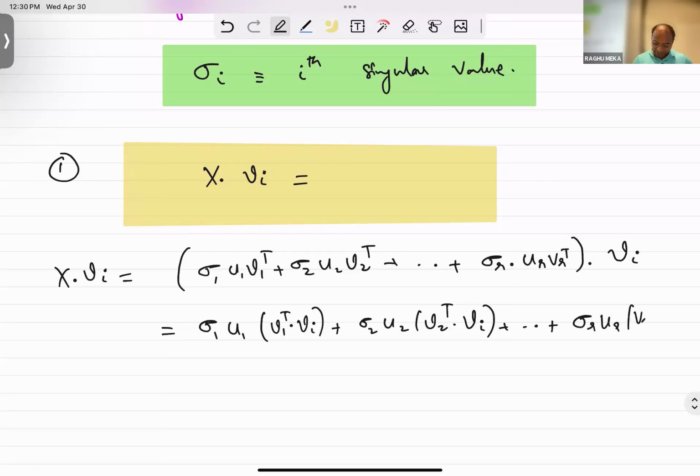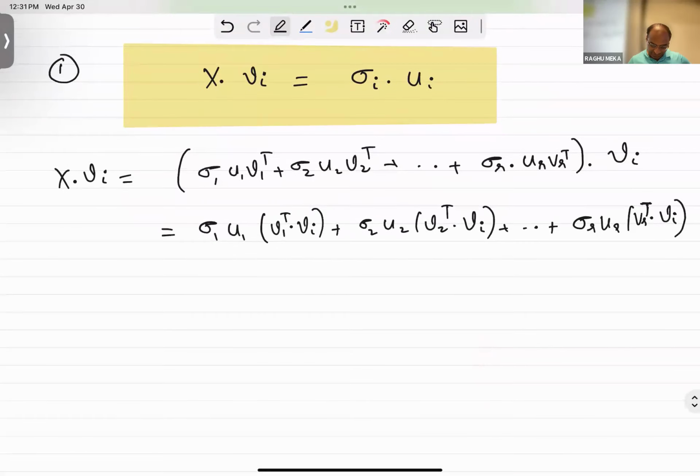And the reason this is very useful is, of course, that the v_i's are orthonormal, right? What does it mean? All of these inner products are 0 unless the i matches. So this is equal to sigma_i times u_i.